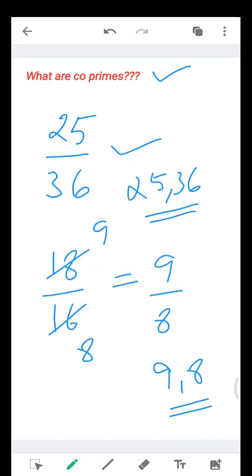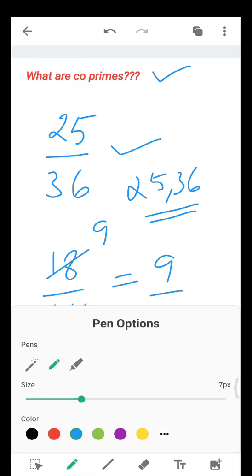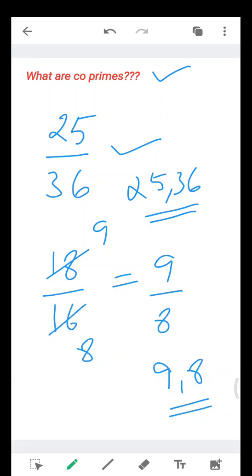What is the common factor in them? The common factor in them is 1. If I write the factors of 9, it goes like 3 times 3 into 1.